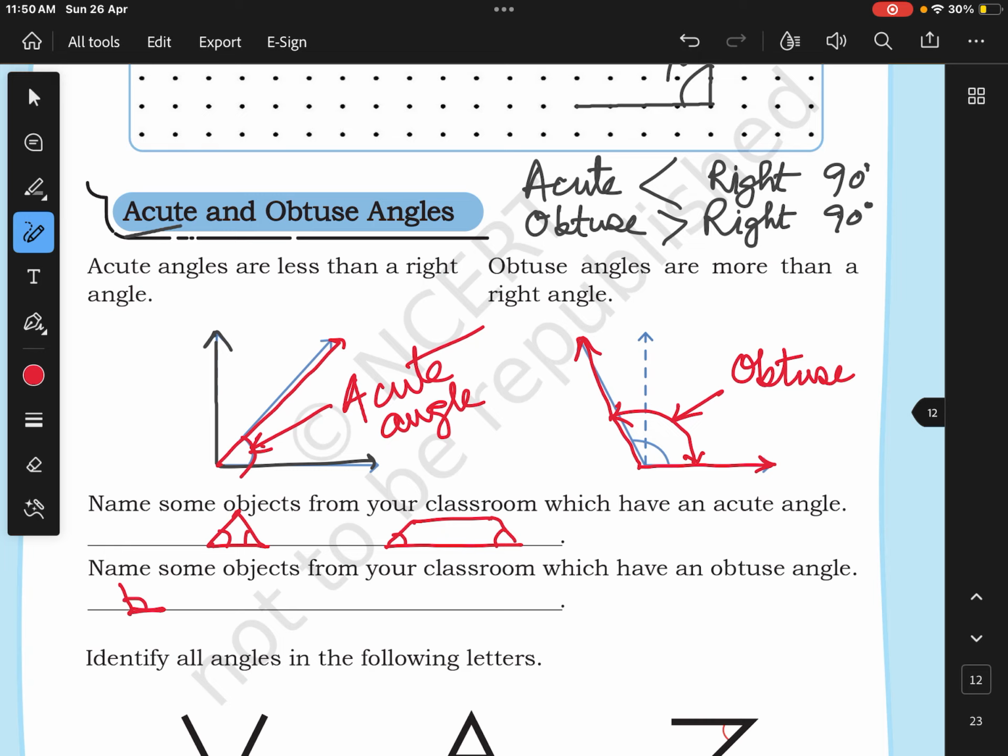Even our desk has a slant. You have a flat portion, then it is slanted towards you for writing. If this is 90 degrees, this angle is more than 90 degrees. So this is an obtuse angle.